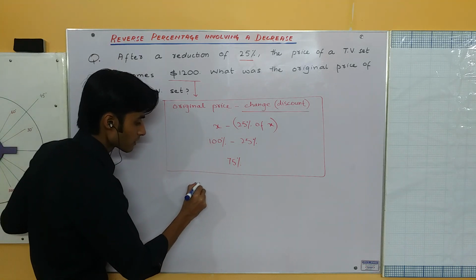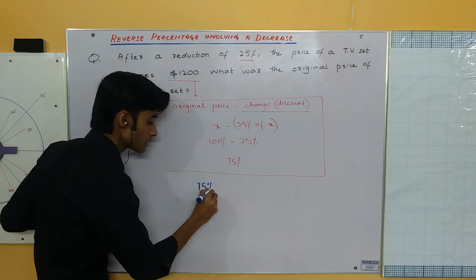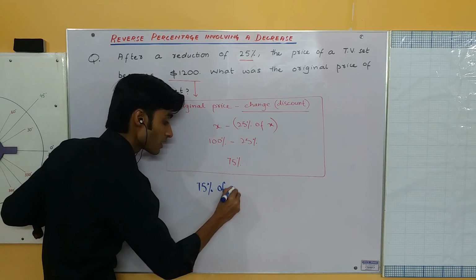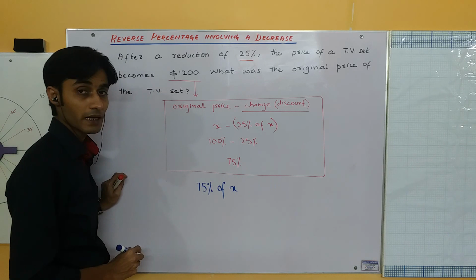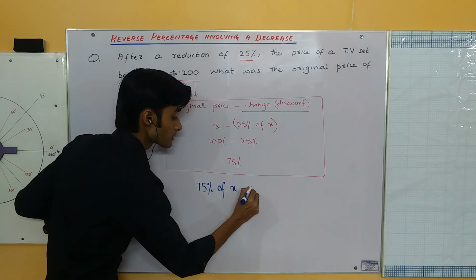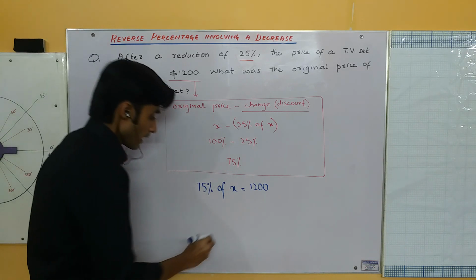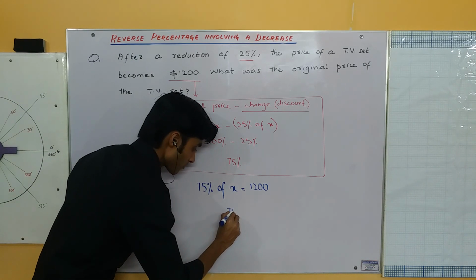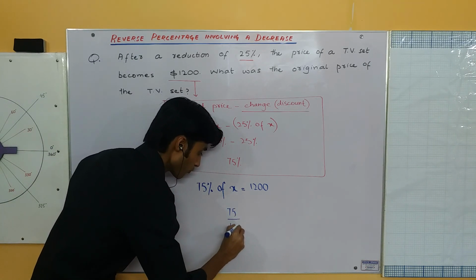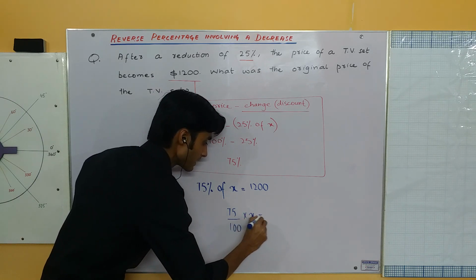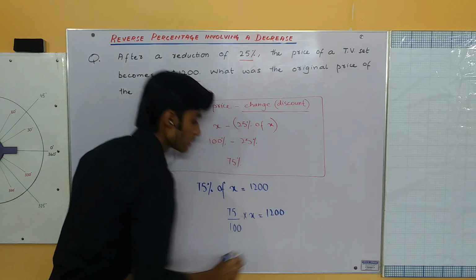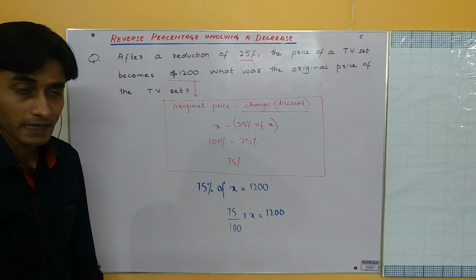So what am I doing here? 75% of the original price, which I assume to be x, is how much? 1200. And from this, hopefully we all can very easily find out the value of x.